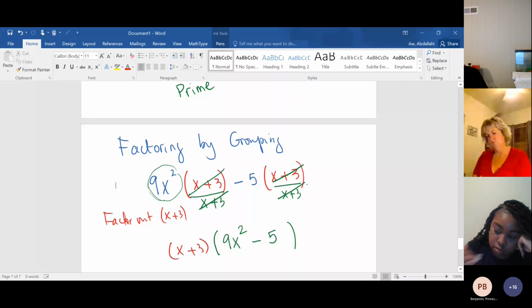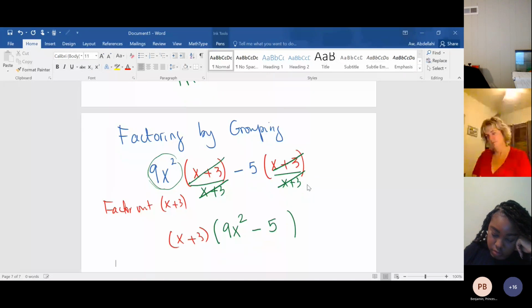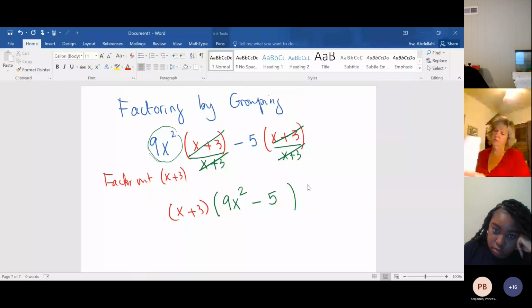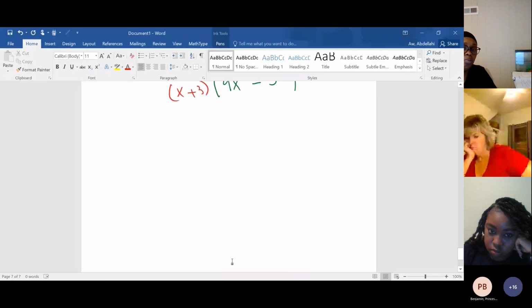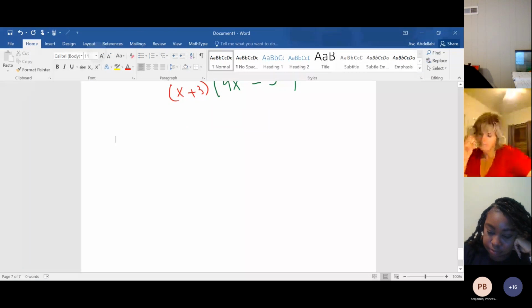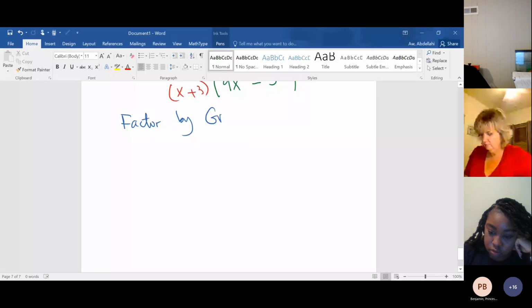Okay. So why did I give you this example? Because in our next example of factoring by grouping, this will happen. What we did here exactly will happen. So now, let's see our first example, factor by grouping. When you see the words factor by grouping, this is a good hint.